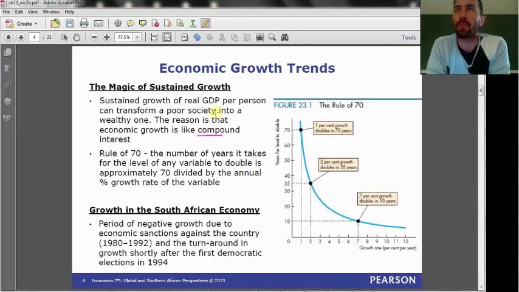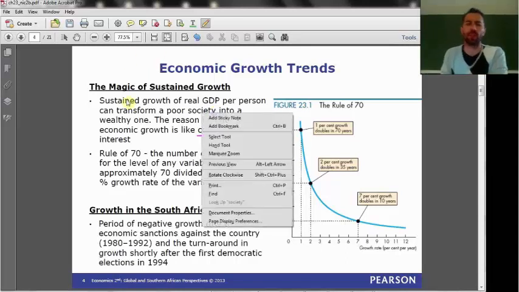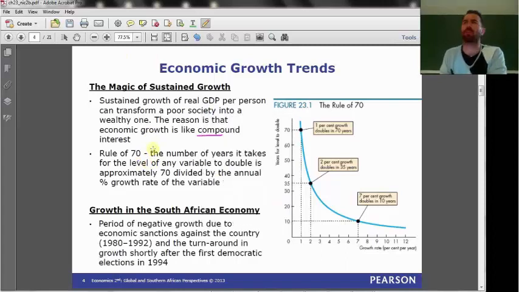So the rule of 70, the rule of 72. It's an approximation, as I said. I think it's ln 2, so it's like 71 point something. So 72, 70, it's all pretty much the same. It's an approximation anyway, but I'll double check what it is so you can see exactly how we work it out.